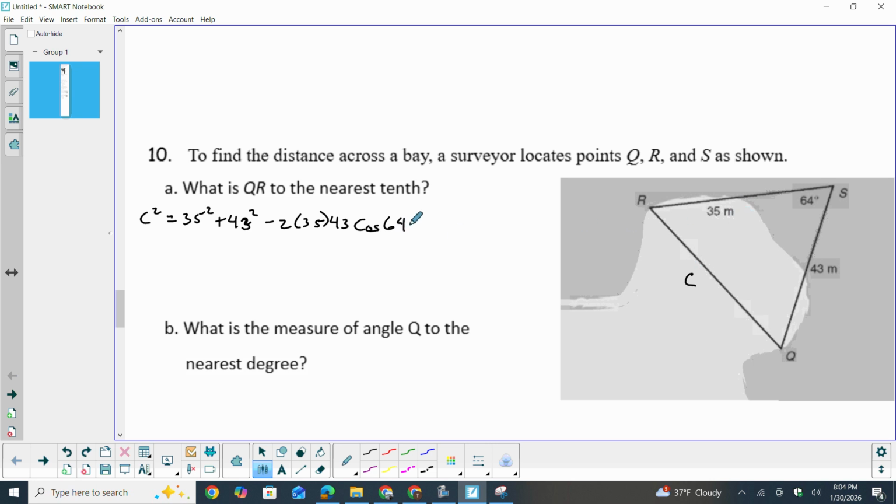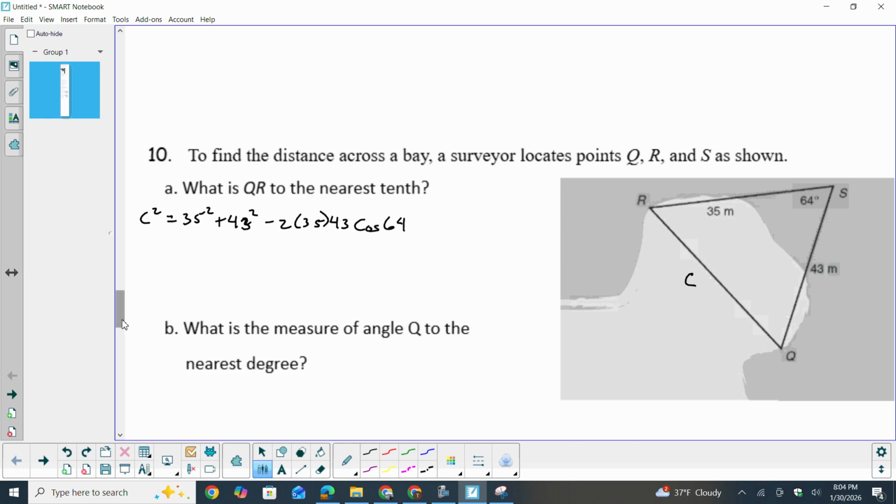Remember in the law of cosines, this is the angle I know or want, and this side length, little c, is the side across from whatever I know or I'm looking for. This would be A, this would be B.